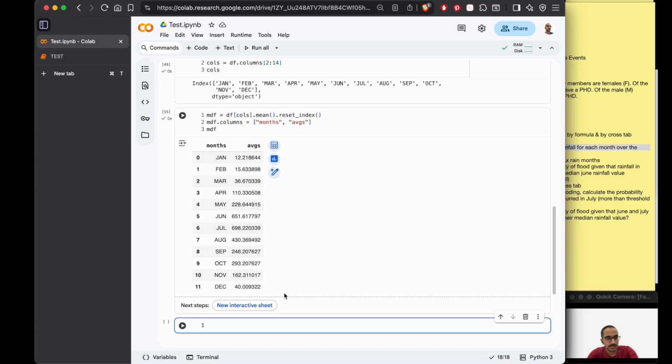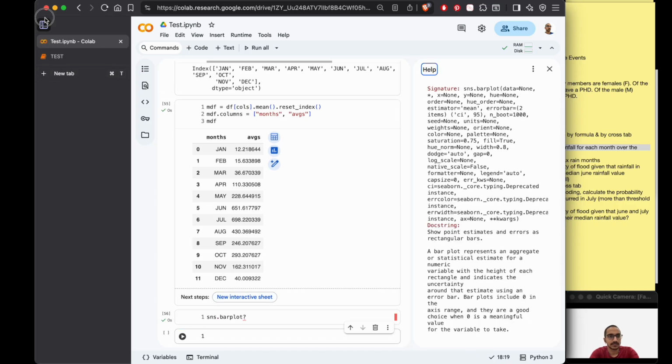Actually, we can plot it without resetting index as well, but anyway, that's fine. So we will use sns.barplot. Let's look at the signature ones.